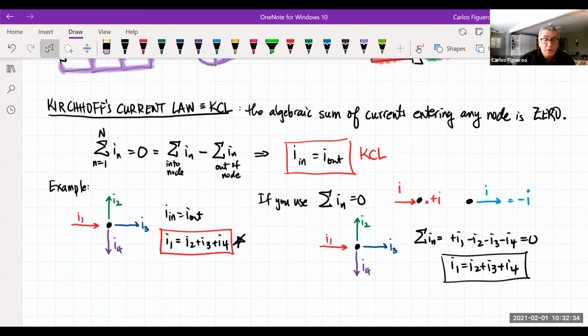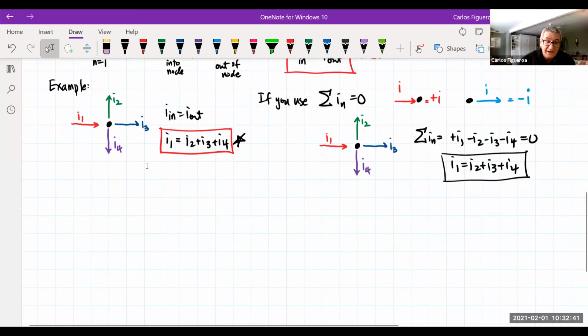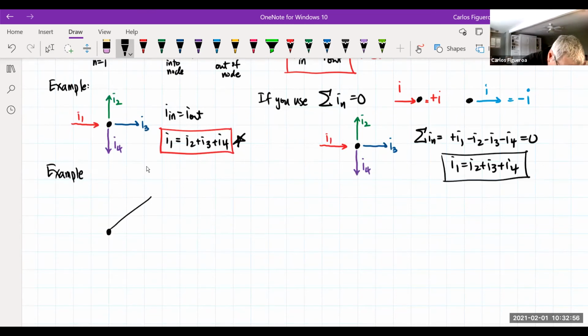So as a further example, let's go look at an example that I have in my lecture notes, and it looks something like this. What I have here is a node. Here's another example. What you're seeing here is that I have wires that look like this.